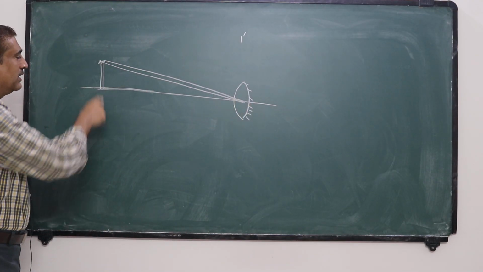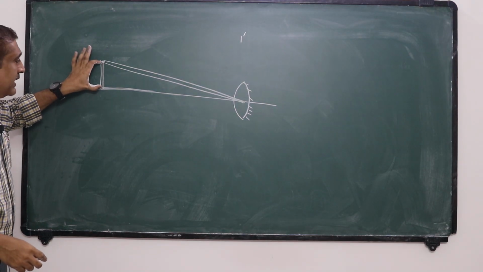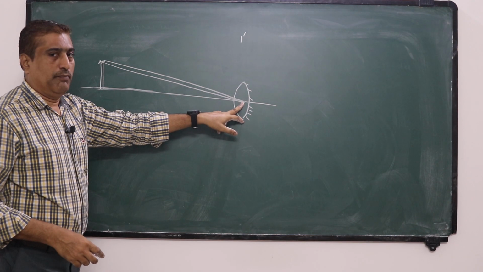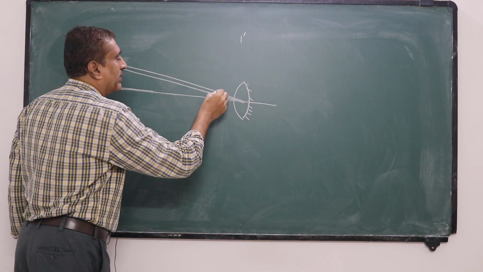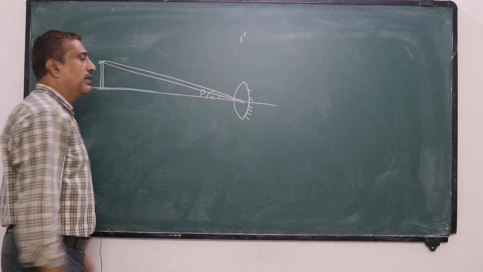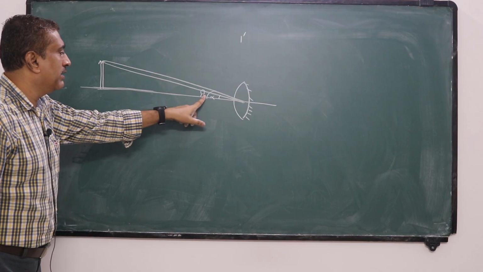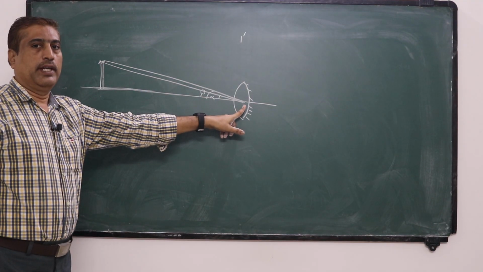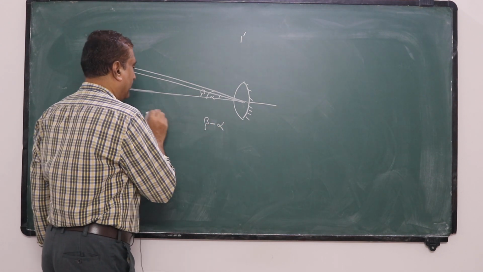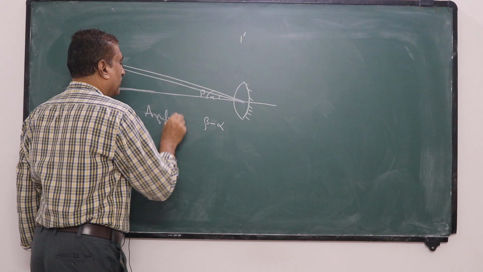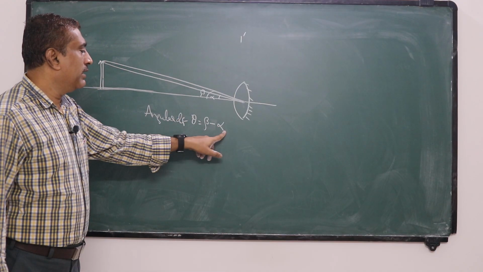If two objects are far from our eye and very close to each other, they subtend angles at the eye. Suppose this is alpha, the first body, and this is beta, the second body. If alpha is the angle subtended by the first body and beta is the angle subtended by the second body at the eye, then the angular difference theta is equal to beta minus alpha.